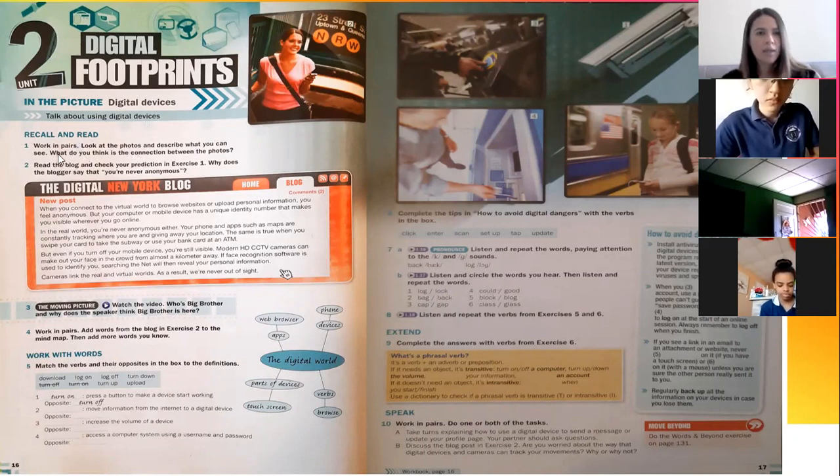Let's work together, in pairs, and look at the pictures and describe what you can see. And what do you think is the connection between the photos? There you have 5 pictures, right?